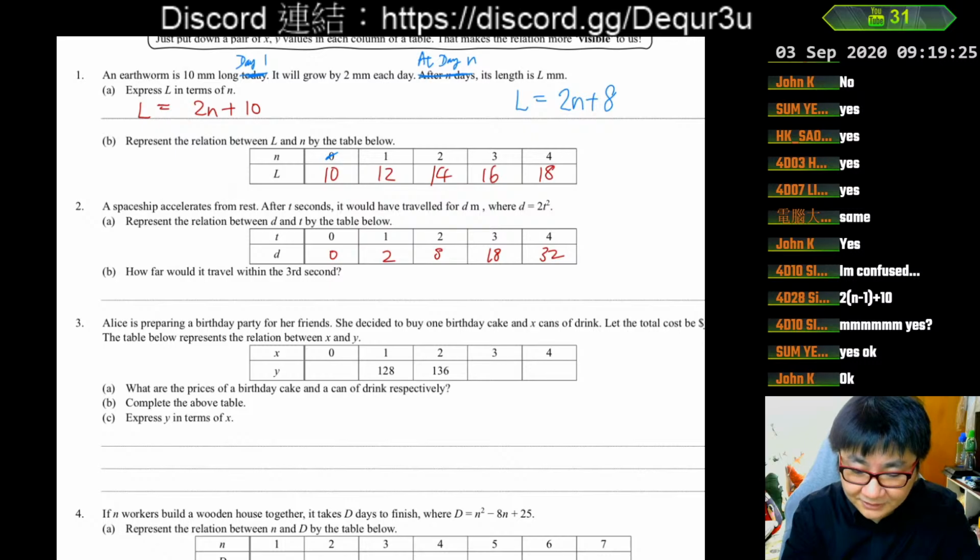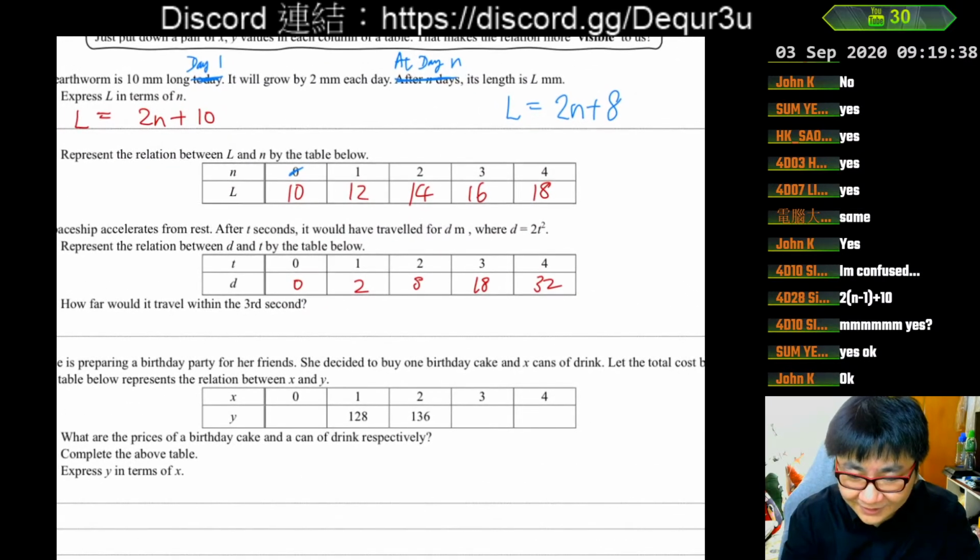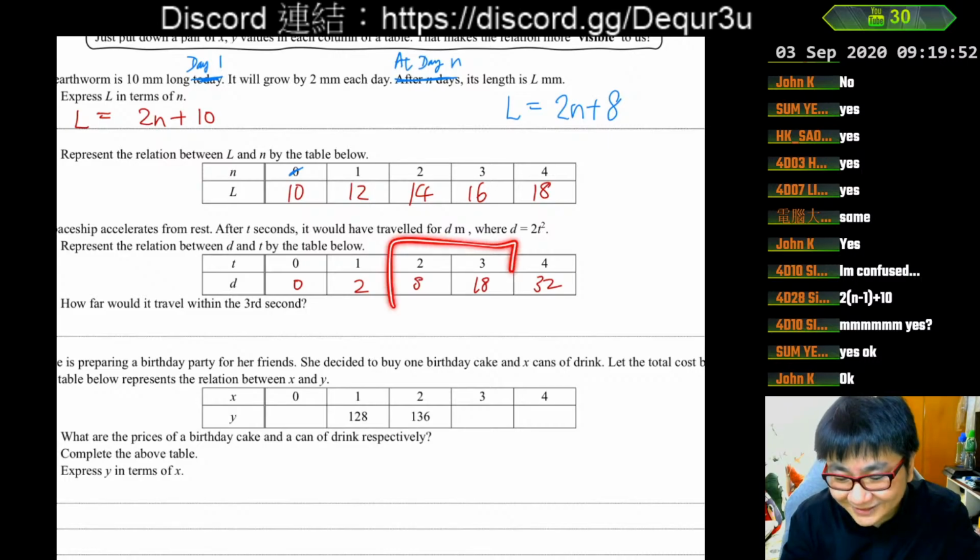Then how far will it travel within the third second? That means how much it will travel from 2 to 3. Sorry, I should explain it better. So, how far will it travel within the first second? We can group it up: this is the first second it has traveled, and then the second second, and then the third second.